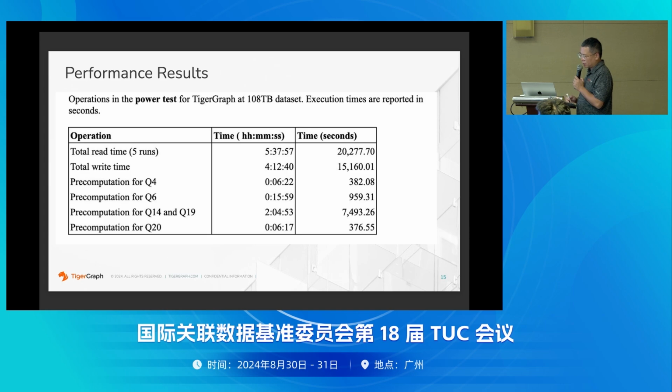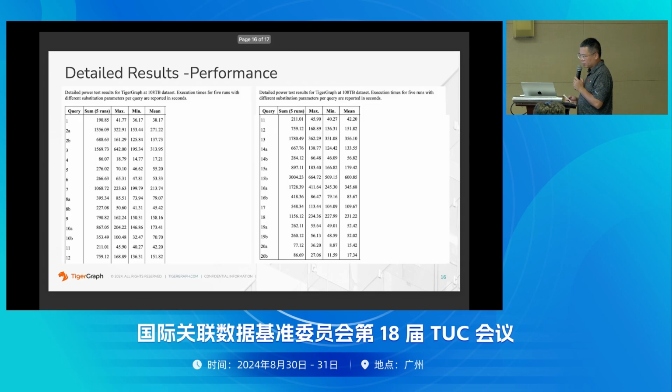In order to speed up the query, we have the pre-computation for certain queries, and we report the time here. So this is the 20 queries, including their variations, and each query's min-max time and the average time of their 5 runs, and each run uses different parameters generated by the benchmark.